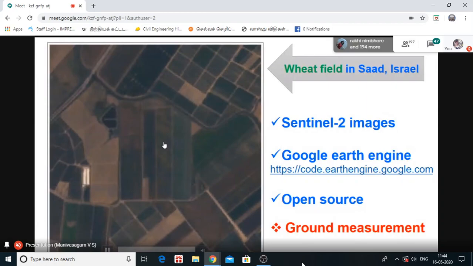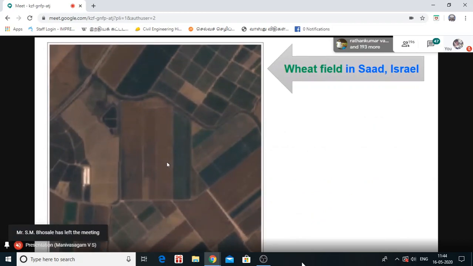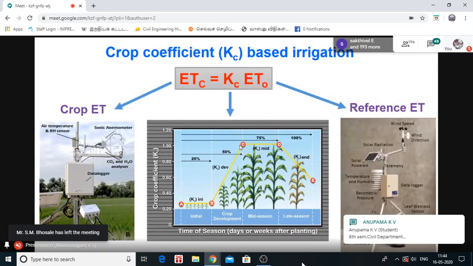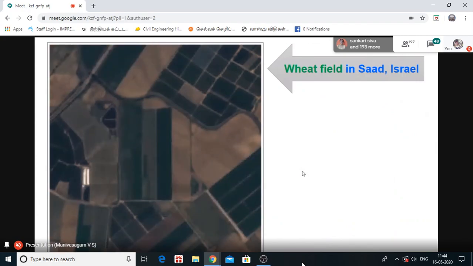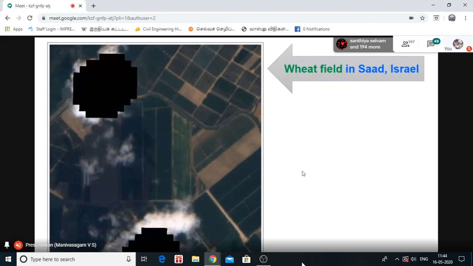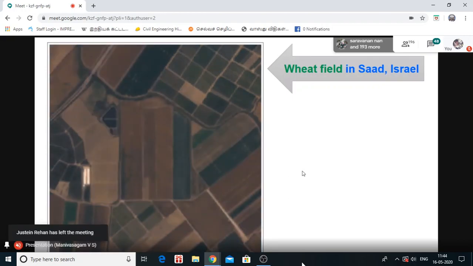At the end of the season, after the harvest is over, it turns brown again. If you see the previous slide, it's exactly matching with the crop coefficient. So instead of using the standard KC from the field, we can use the remote sensing information as a proxy, which we can directly get from the field for improving the irrigation.